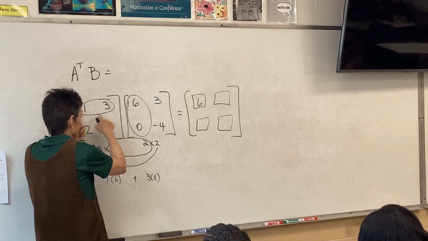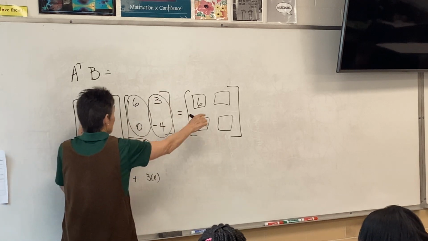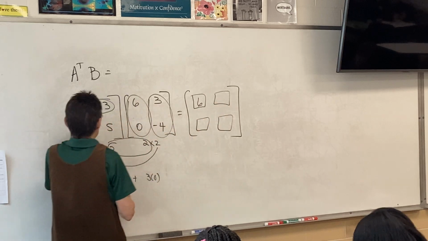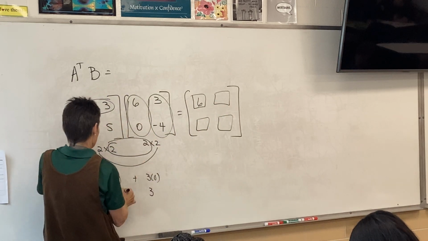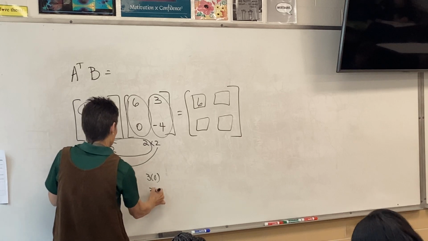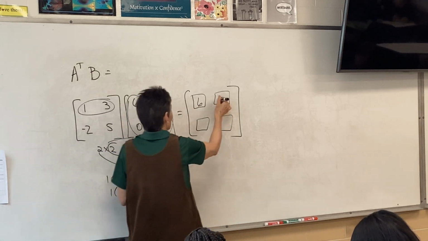Now I'm going to take row 1 times column 2. Negative 9. So 1, 3, and 3, negative 4. Yep, I think you're right, Jake. Negative 9. Perfect.